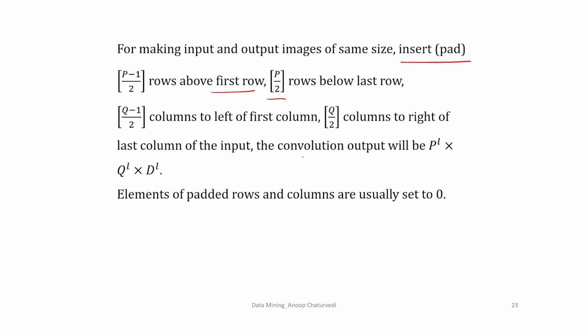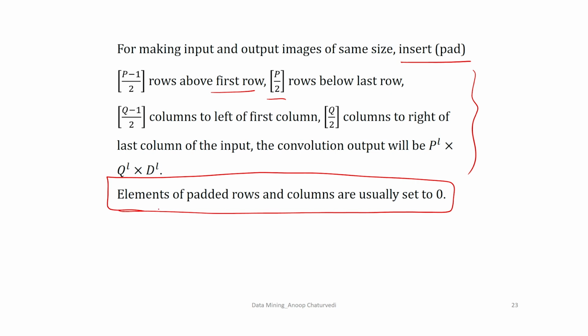And then the convolution output will be of the same order, say PL cross QL cross D. So, if we do this kind of padding, then both input and output images are of the same size, and usually the elements of the padded rows and columns are 0.